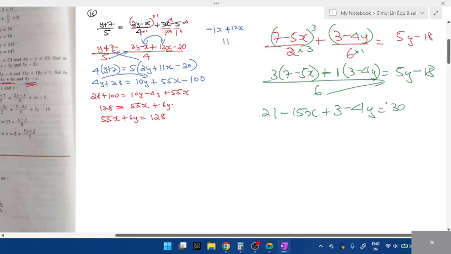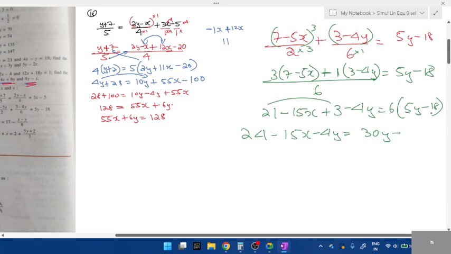Is it correct? So 21. Look at this. Observe this. 21 plus 3 is 24 minus 15x minus 4y. 6 5s are 30y minus 60 plus 48 is 108. Clear? Completed till here. I'll tell you how to solve.